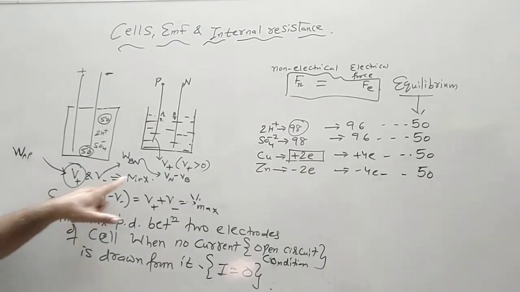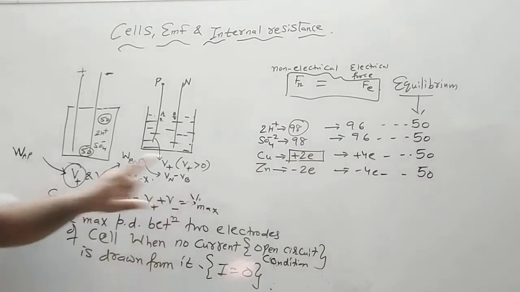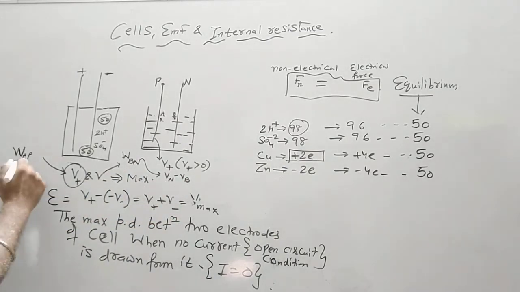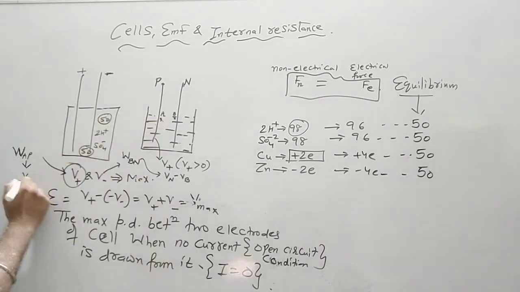If we go into a detailed concept, V plus should be written as Vp minus Va.